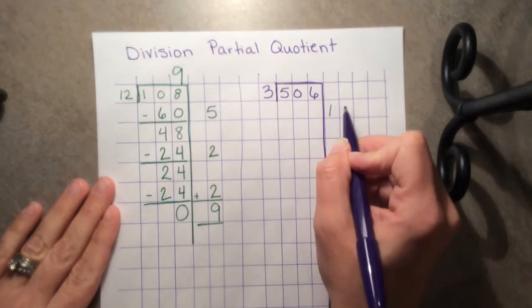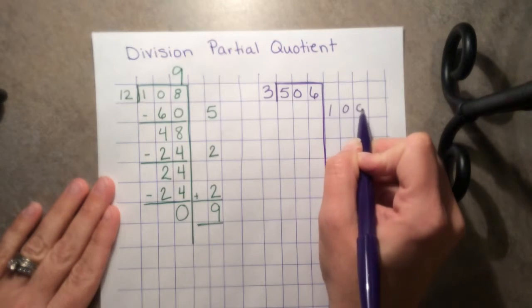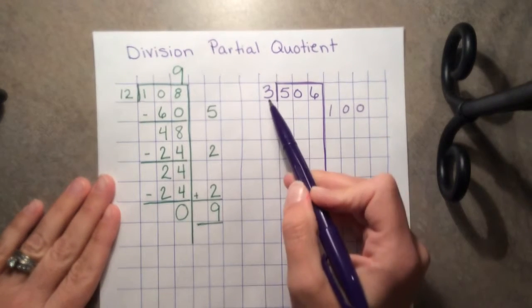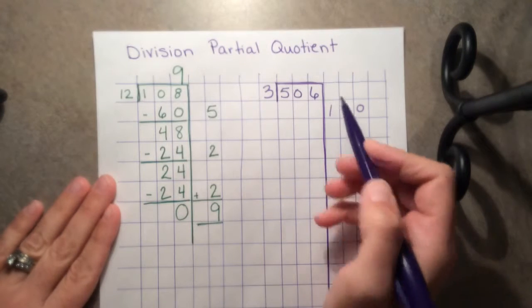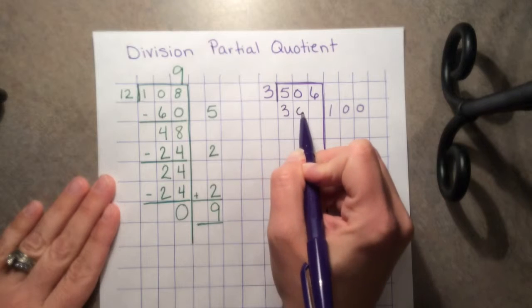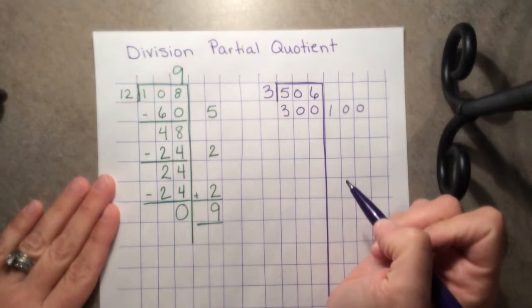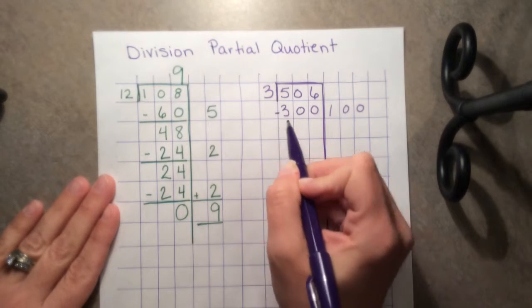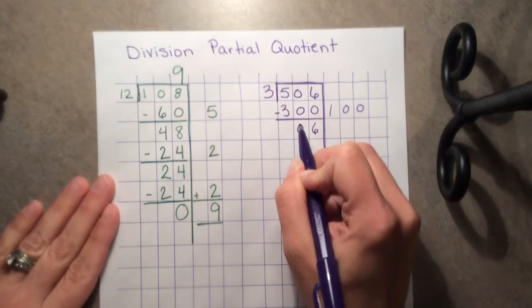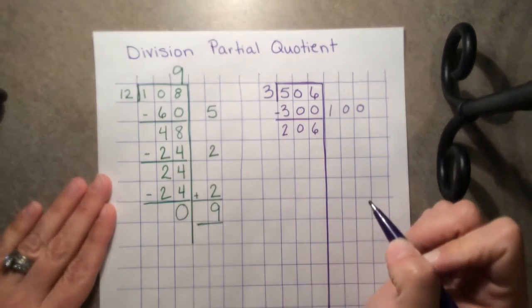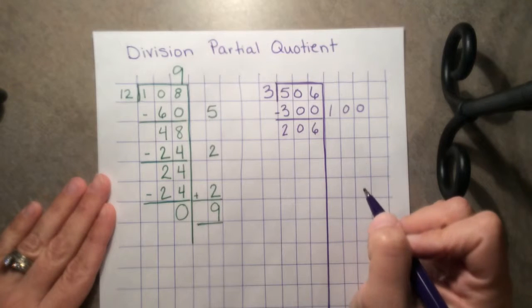I can make one group of 3 100 times and use up 300 objects. They then do the subtraction under the bracket and learn that they have 206 objects left to divide out.